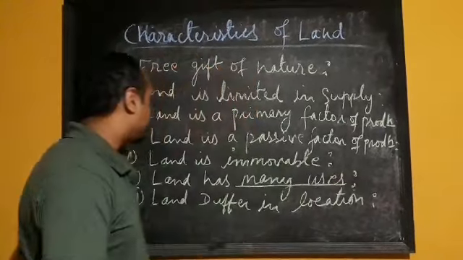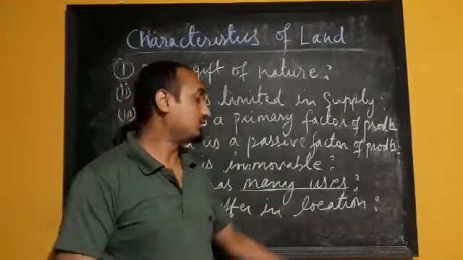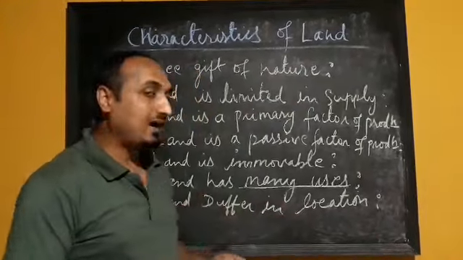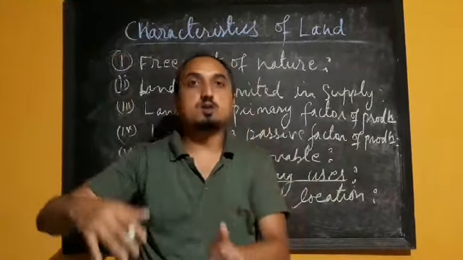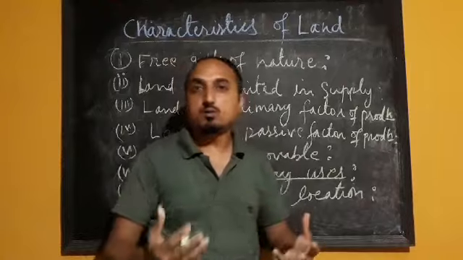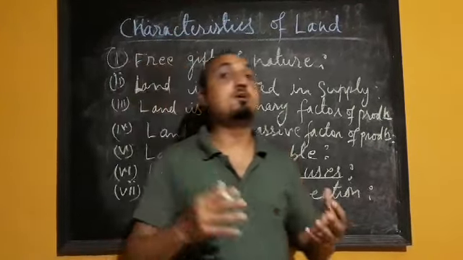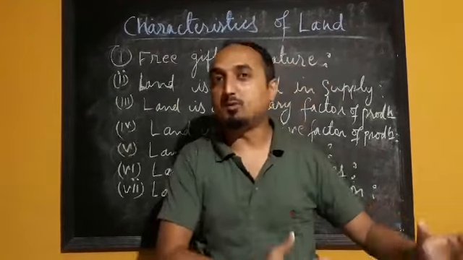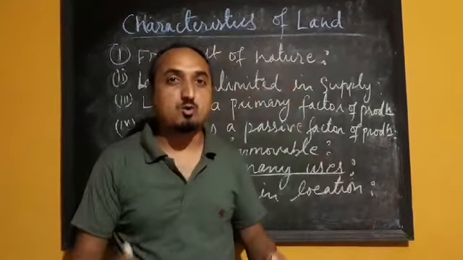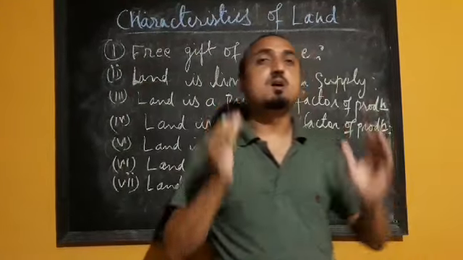Now, the next characteristic we have is that land differs in location. This is also a very important point. We know that land in Delhi, Kolkata and other cities is scarce, because cities are highly populated, the number of factories and shops is more, and economic activity is more.